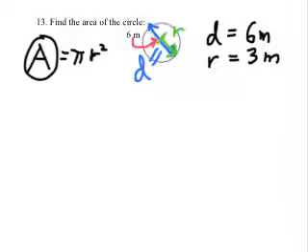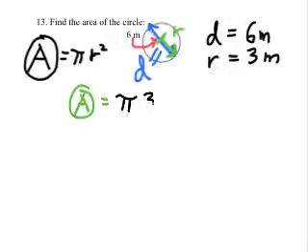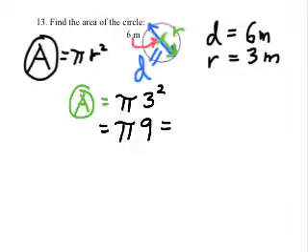So our area equals pi r squared. Our r is 3, so it would be 3 squared. So that would equal pi times 9, or another way, most people would put 9 pi.